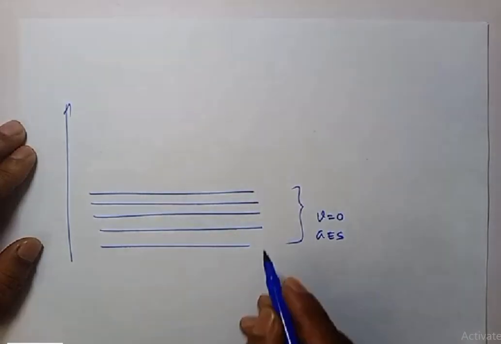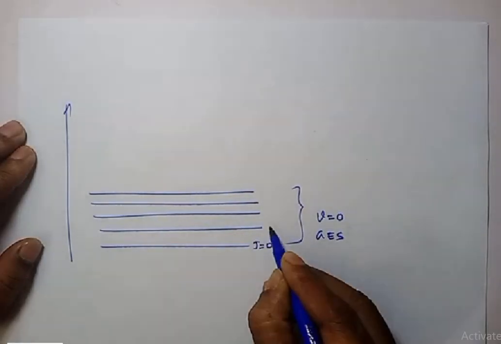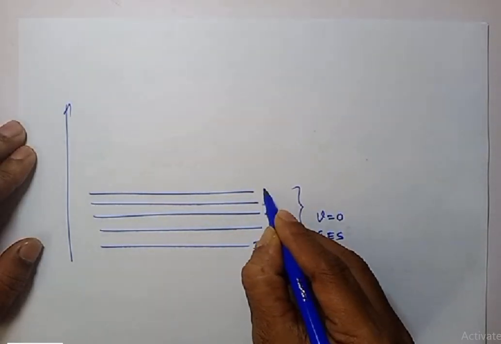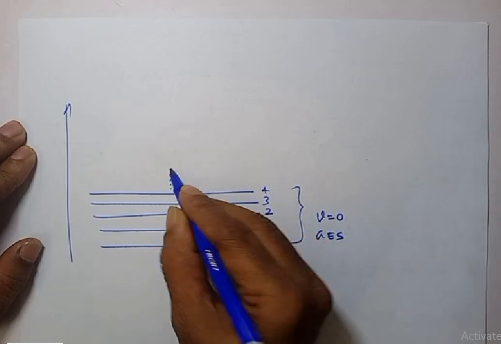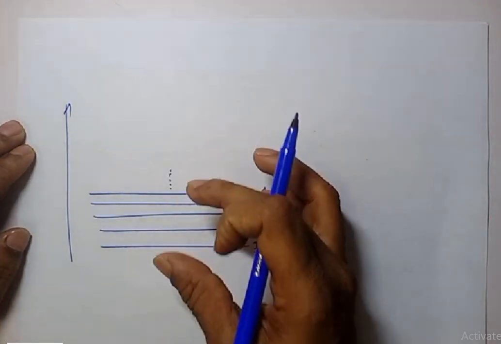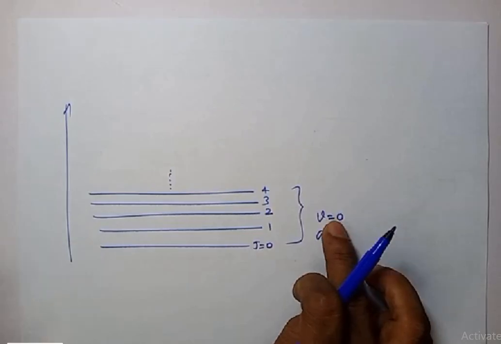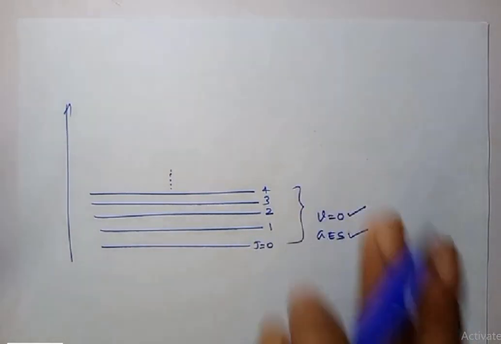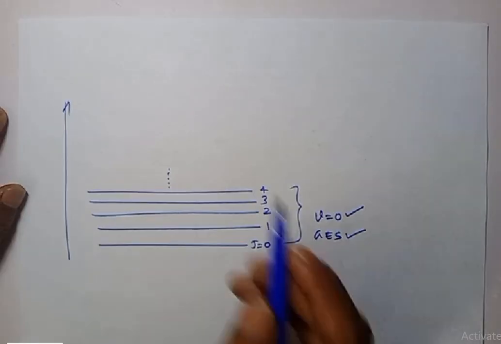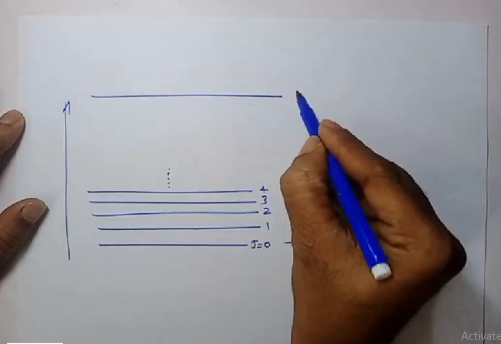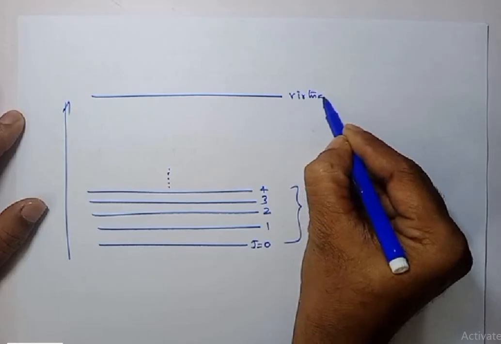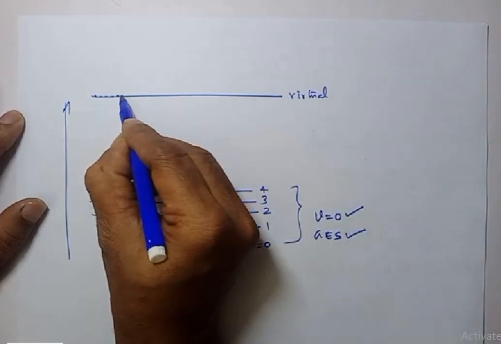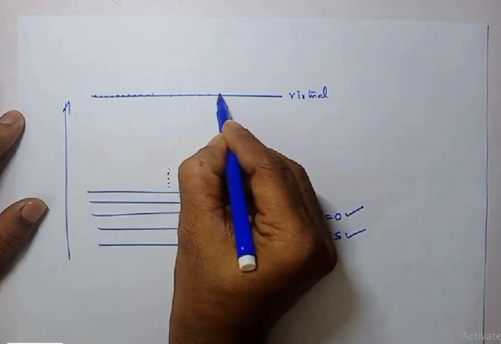These are rotational states J0, J1, J2, J3, J4, like that we have so many rotational states. And there may be some virtual state. Usually we put dotted lines for the virtual state.